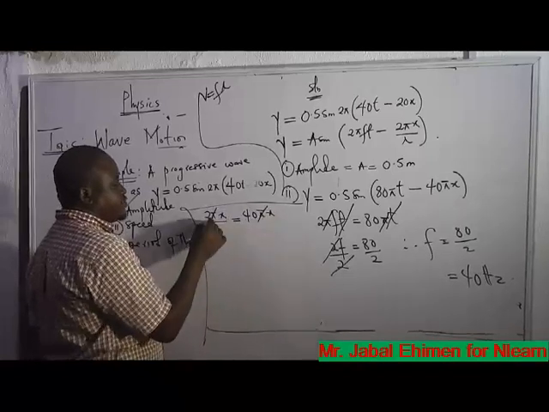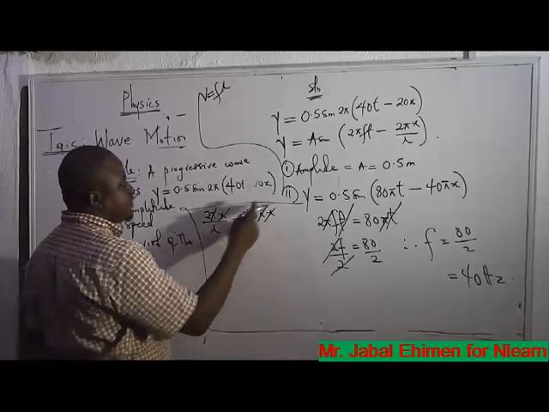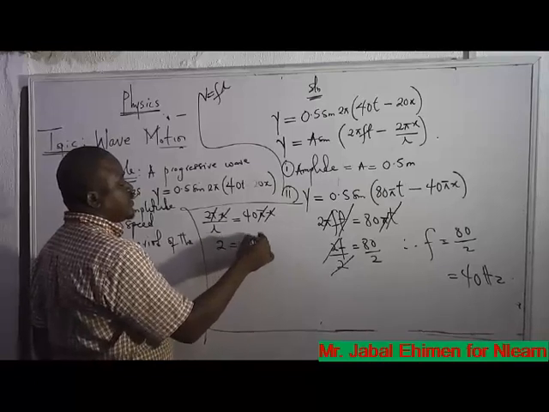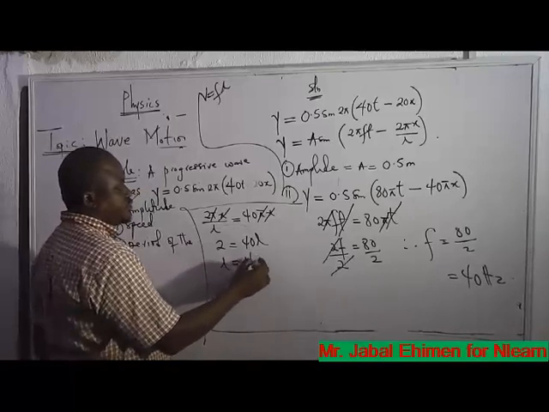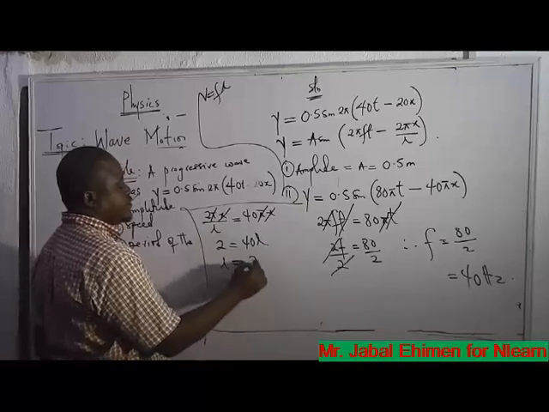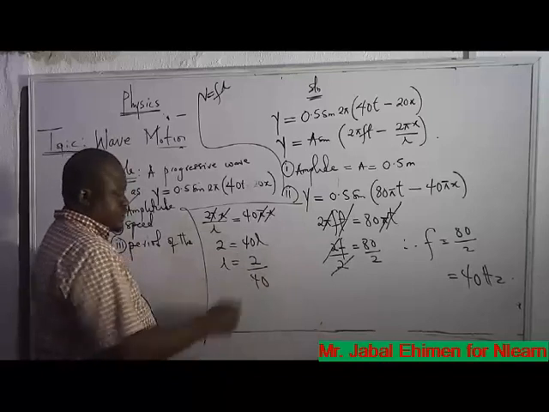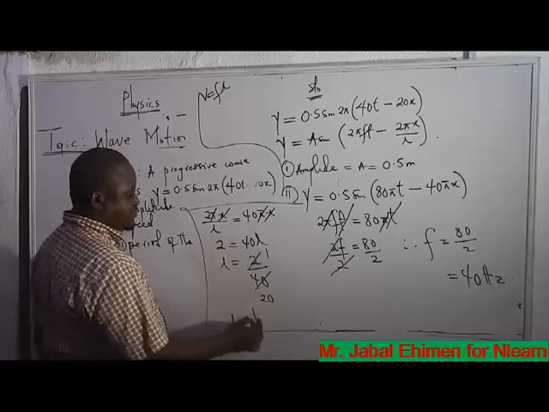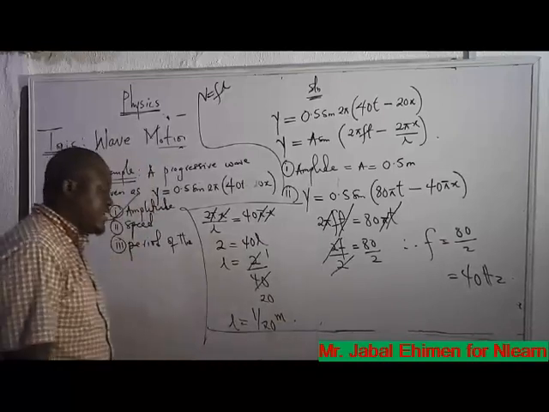So pi cancels pi, x cancels x. If you cross multiply, you have 2 equals 40 lambda. So lambda becomes 2 divided by 40, which gives 1 over 20. So lambda is 1 over 20 meters. Okay, that's the value of lambda.